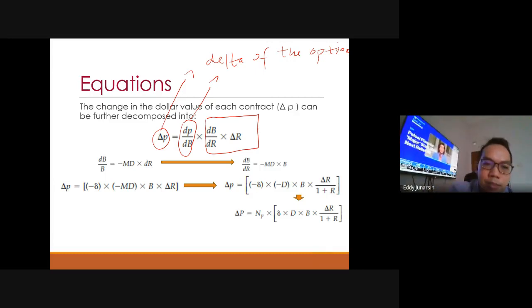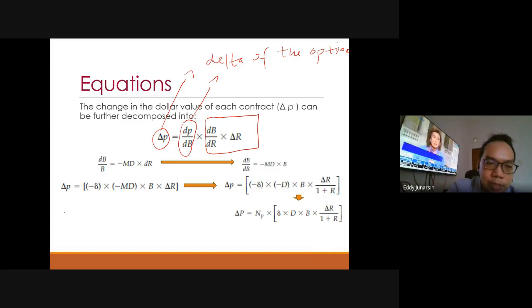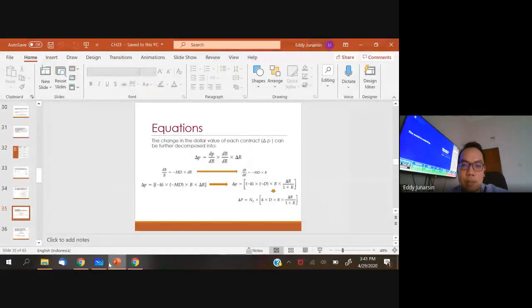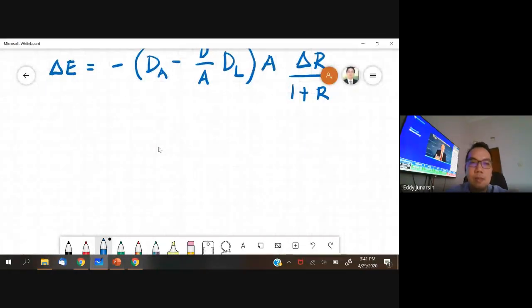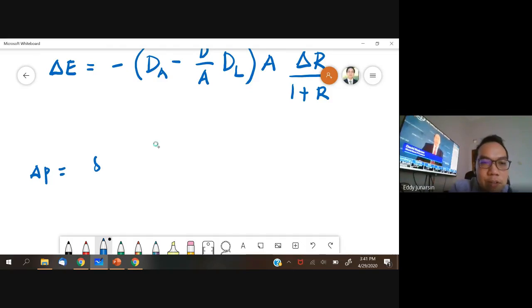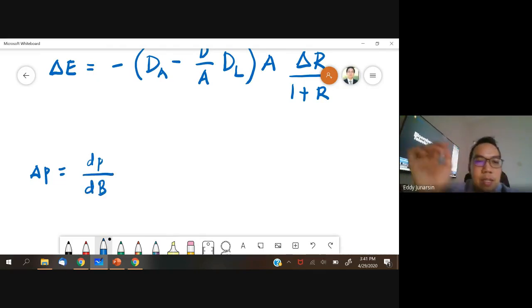You still remember when we talked about this in the interest rate risk video, right? Maybe I'll write it down here. The change in the option value is a function of the delta of the option. The delta of the option is the change in the option value per $1 change in the underlying bond value.